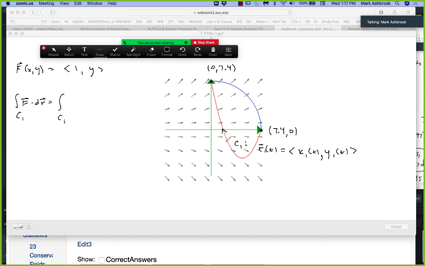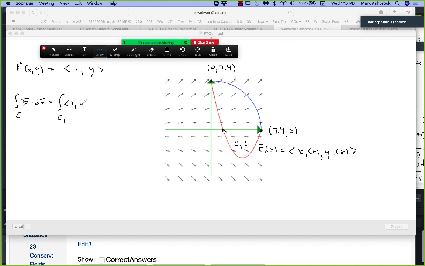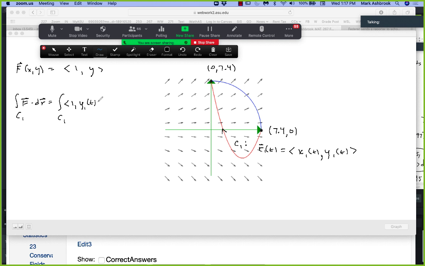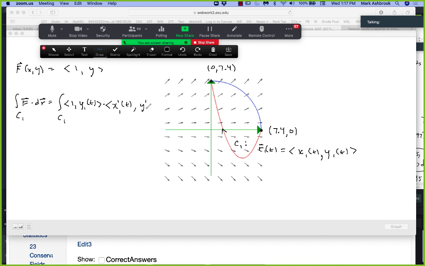So we do 1 comma y1(t) dot dr, and dr will be the derivatives, so x1 prime, y1 prime dt.